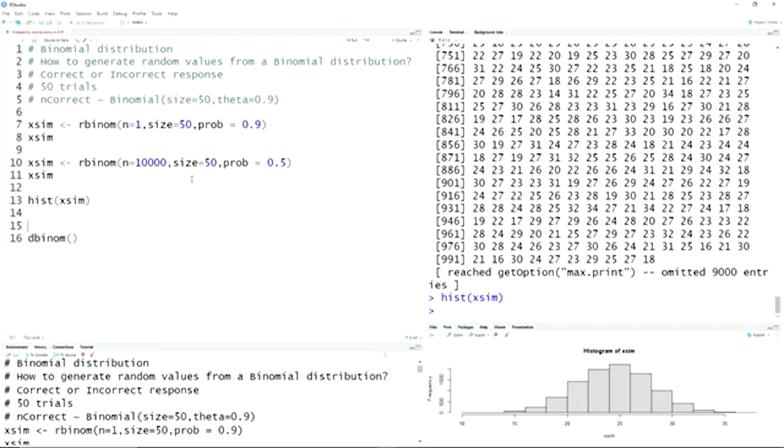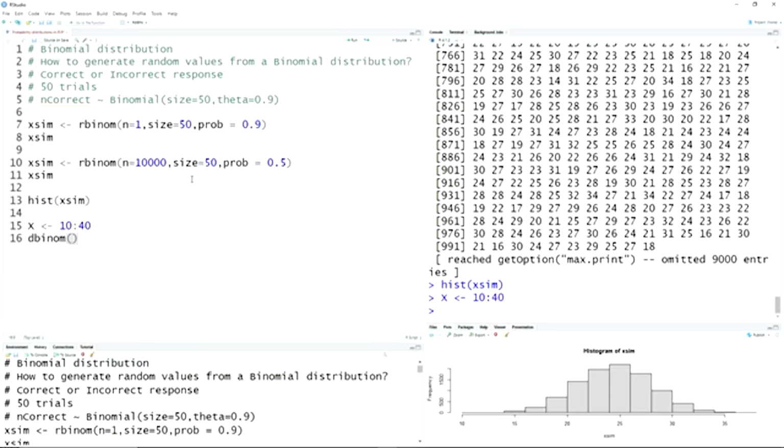How do we use this? Let's say you first create a vector of values of your random variable, from 10 to 40. For each value of this random variable, I want to calculate the probability mass given that the underlying probability is 0.5 and the number of trials is 50.